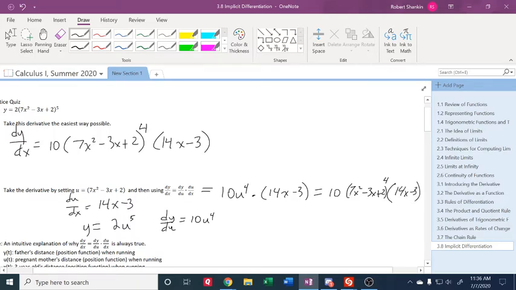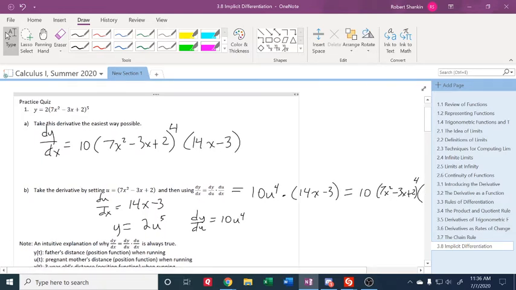So we get the same thing either way we do this.